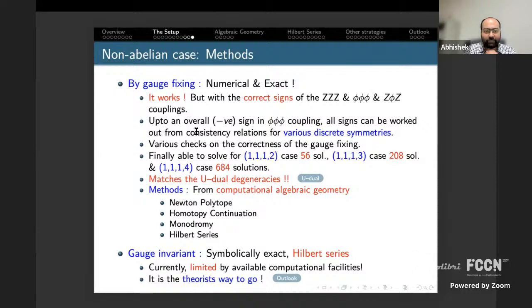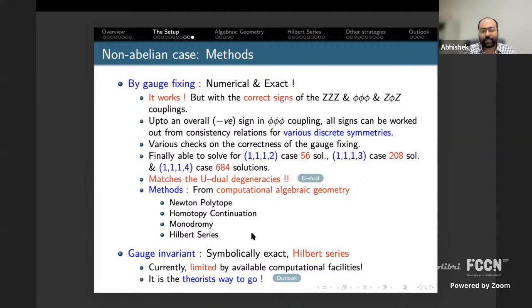For this we have used numerical computational algebraic geometry techniques. They are all numerical, this homotopy continuation, monodromy. And Hilbert series, though it is exact, can also be used here in the gauge fixing way. But as a theorist, it is not very satisfying to gauge fix something and count. So you always look for gauge invariant ways of doing things.